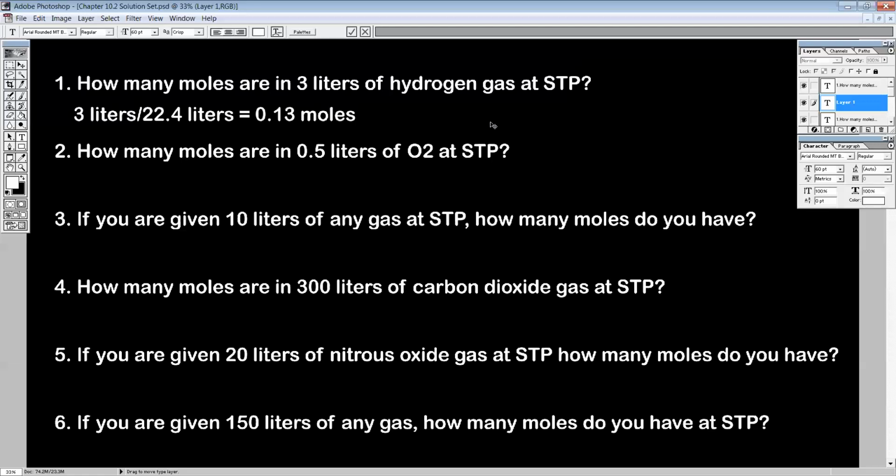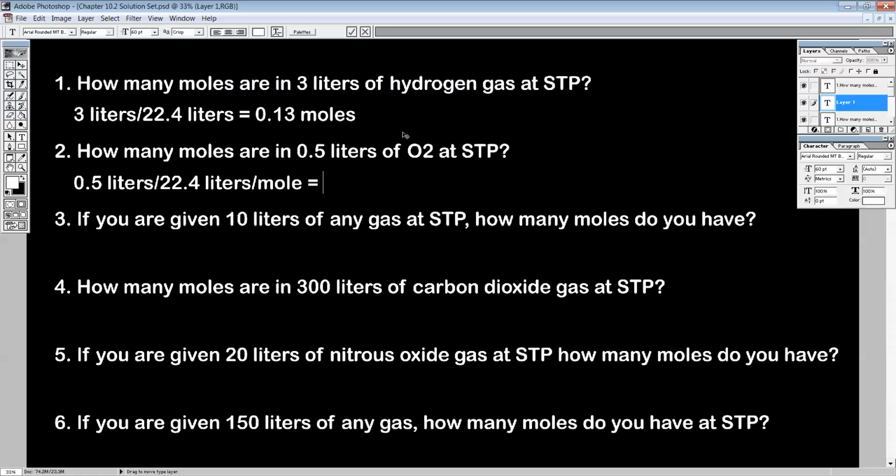All right, let's go down to the next one. How many moles are there in 0.5 liters of O2 at STP? So I'm giving you 0.5 liters. Our constant is 22.4 liters per mole. Liters per mole is a little confusing, but I think you know where I'm going.